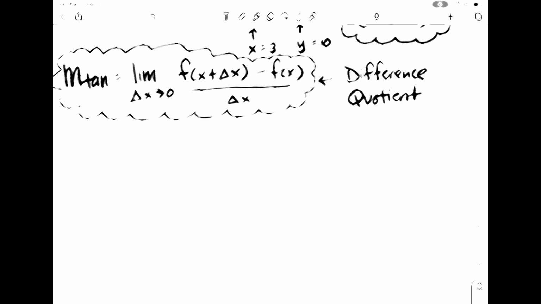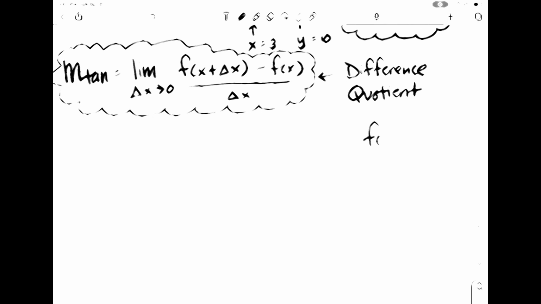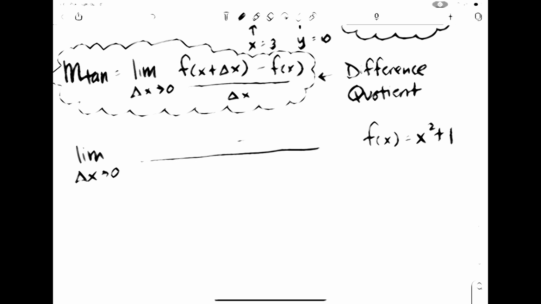It's simply slope. So the easy part of this, as a reminder that f of x is equal to x squared plus 1: the limit as delta x goes to 0 of, well, this part is easy, minus f of x, and this part is easy, delta x.